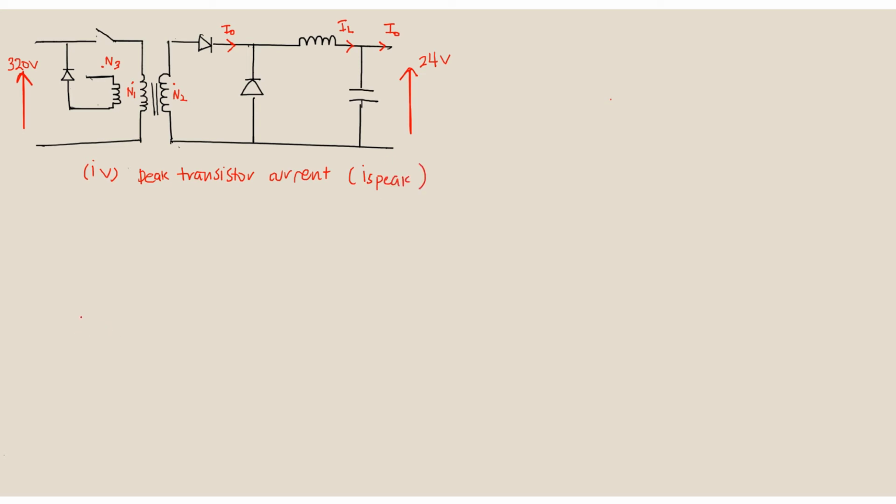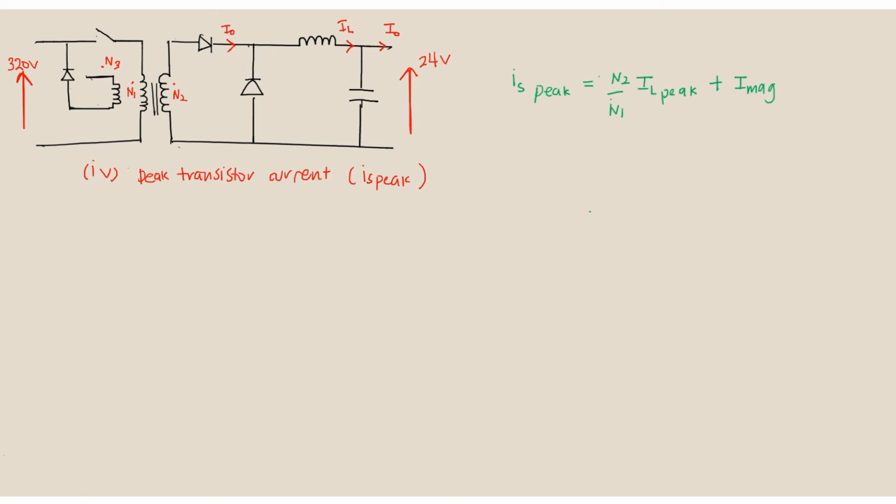In this part, I'm going to introduce a very important equation that you have to remember: IS peak equals N2 divided by N1 times IL current at the peak plus I magnetizing.